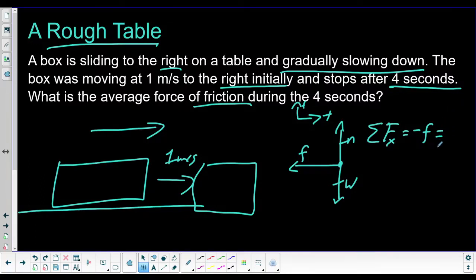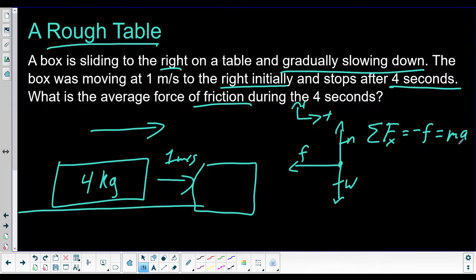Equals the mass of the object. Oh no, did I not give us a mass? What do you guys want the mass to be? Let's make it 4 kilograms. Is mass times acceleration. Okay. So I didn't give you the mass, but we'll say the mass is 4 kilograms.